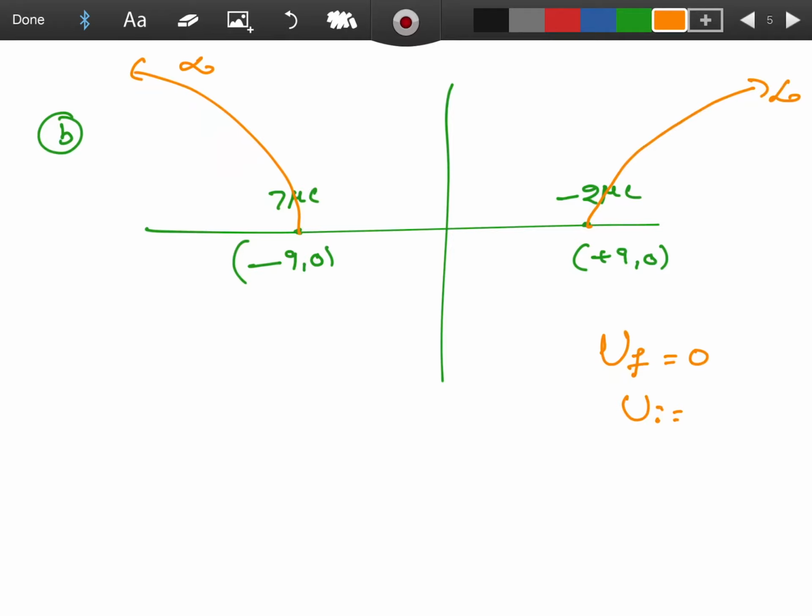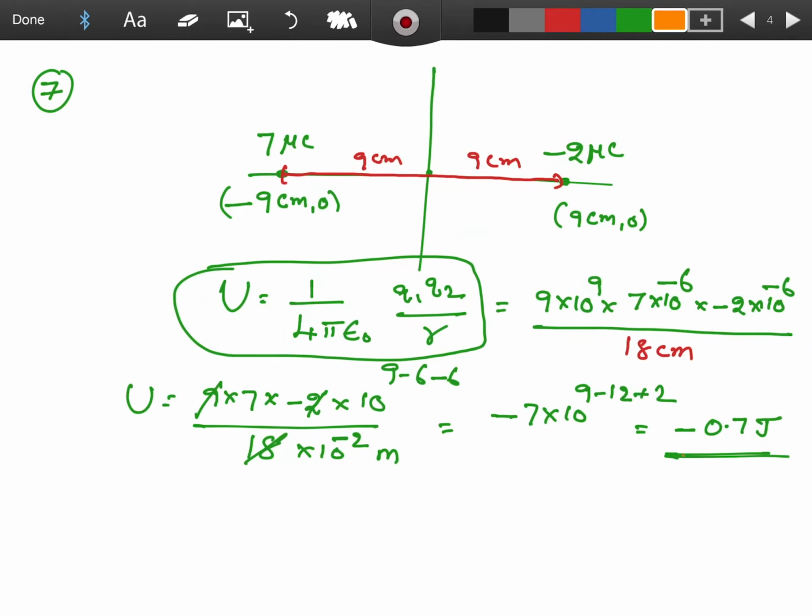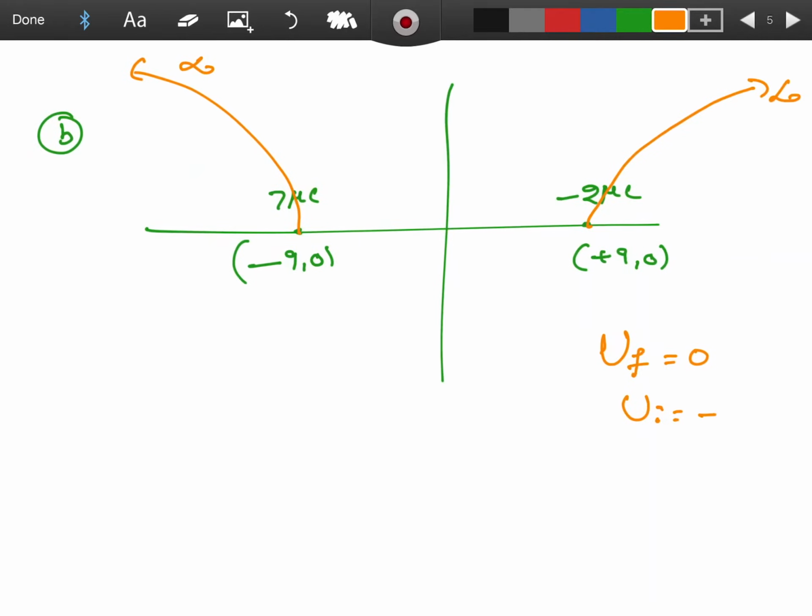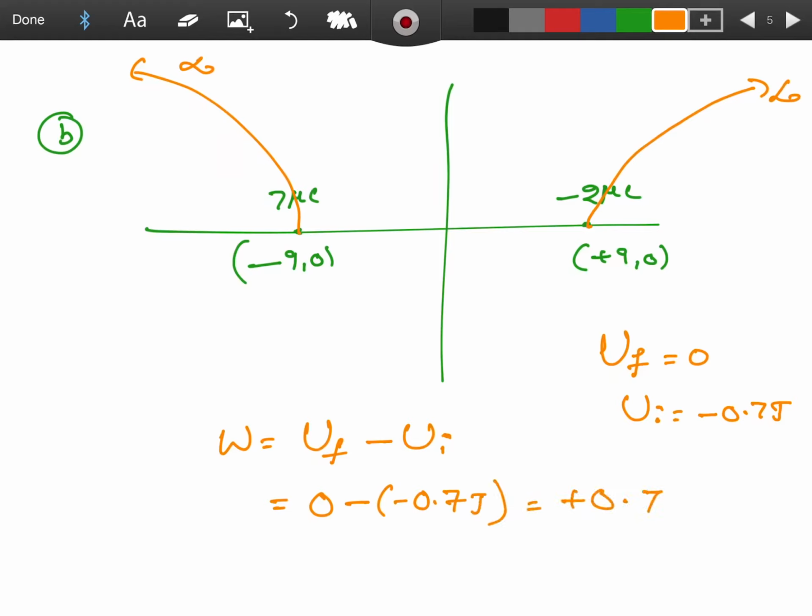And initial potential energy you already calculated: minus 0.7 joule. Then work done equals final potential energy minus initial potential energy. Final is 0 minus minus 0.7 joule, which is plus 0.7 joule. In this manner we can calculate. Clear? Work done equals final potential energy minus initial potential energy.